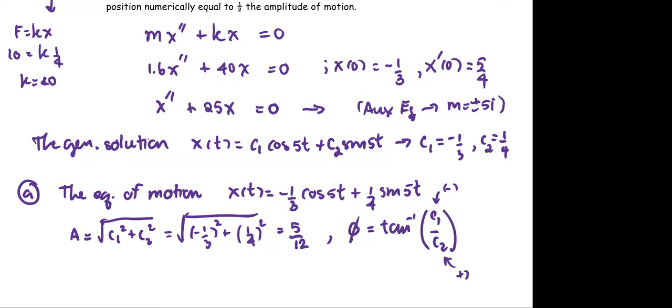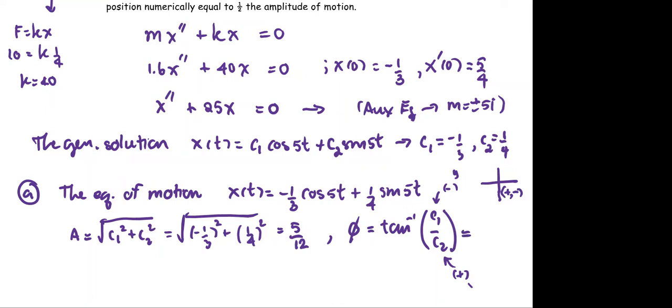The top one is the y value, the bottom one is the x value. So we are looking for the quadrant with a plus sign for x and a minus sign for y, which is the fourth quadrant.